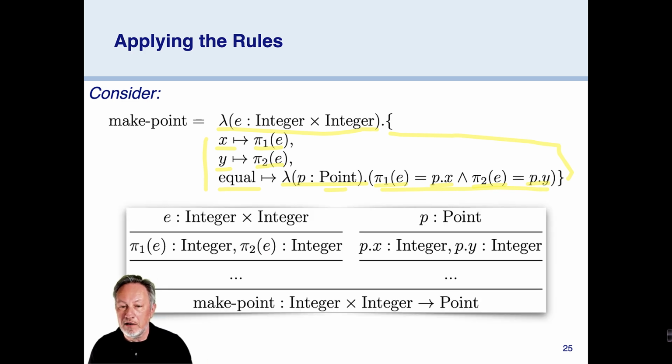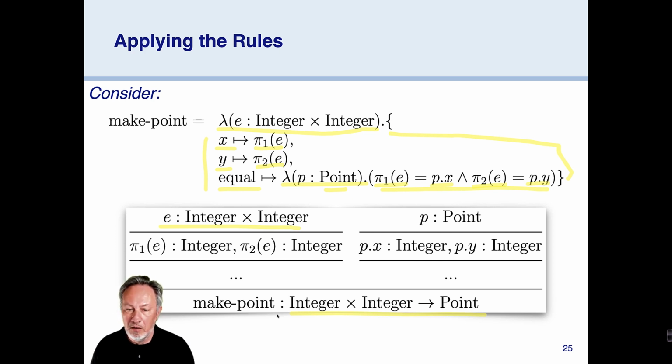When we take all of our type rules, we would like to be able to infer, when I have a particular integer, and I have all of these rules about integers and points and so on, that in the end makePoint is of type integer times integer to point. That would be nice.